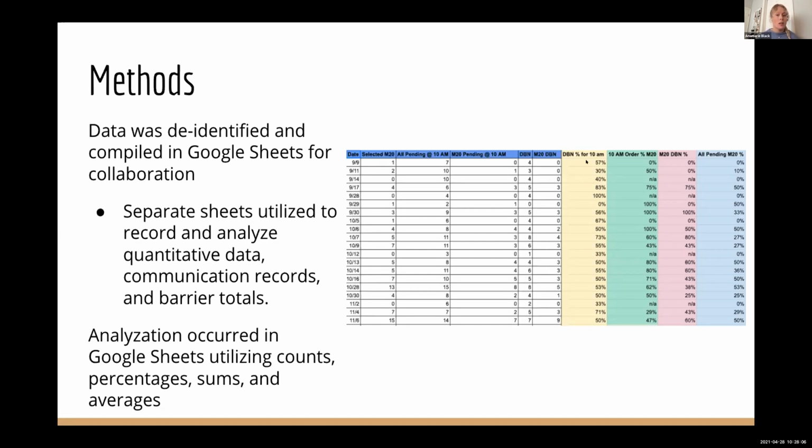Lastly, we performed our analysis using Google spreadsheets to calculate counts, percentages, sums, and averages. As you can see in our table, each day that we collected data, we entered the numbers into the sheet, and then we calculated our percentages.